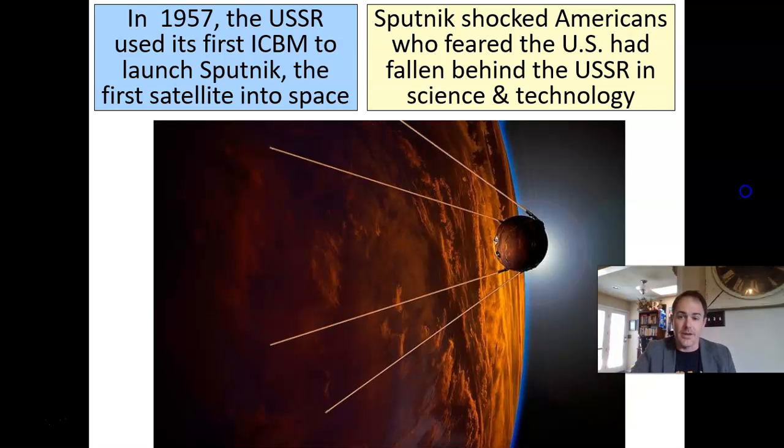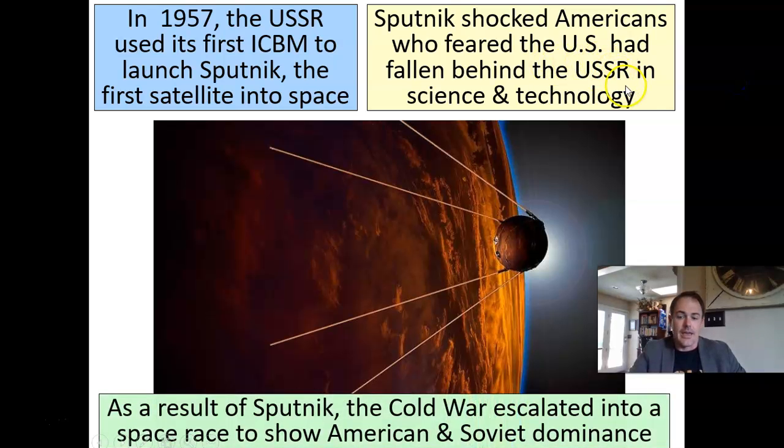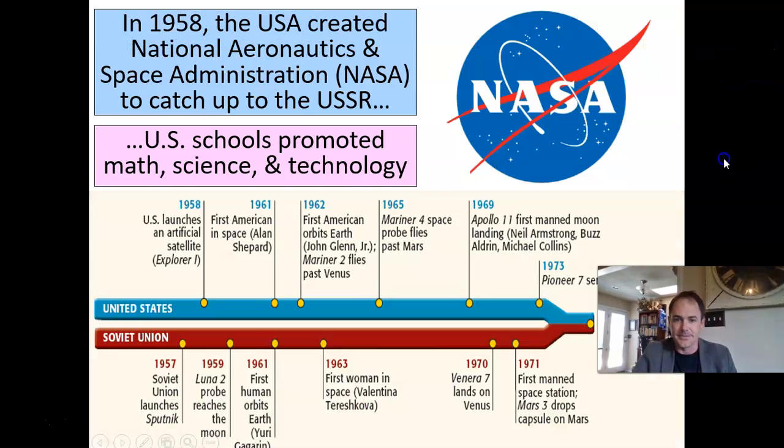The Americans feared that the U.S. had fallen far behind. Who knows what's on Sputnik? What can they do up there? And as a result, the Cold War escalates into a space race to show American and Soviet dominance, right? Anywhere a side could get an edge, they would try, even in space.